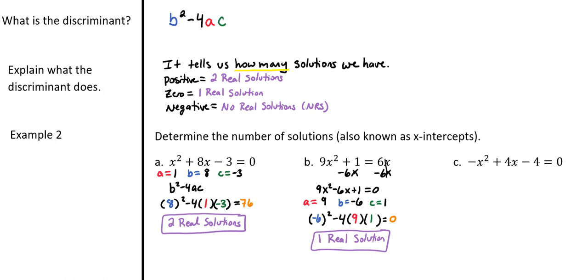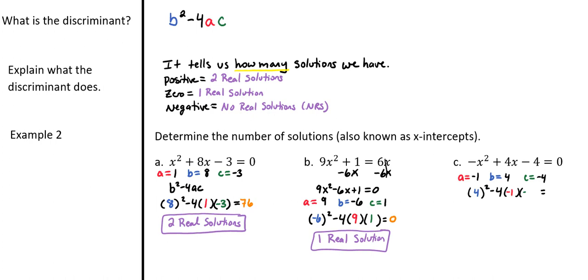I want you to go ahead and try letter C on your own. So push pause and work out the problem. And then when you're done, push play. And we'll see if you were right. So here we have negative x squared plus 4x minus 4 equals 0. We have an a value of negative 1, a b value of 4, and a c value of negative 4.